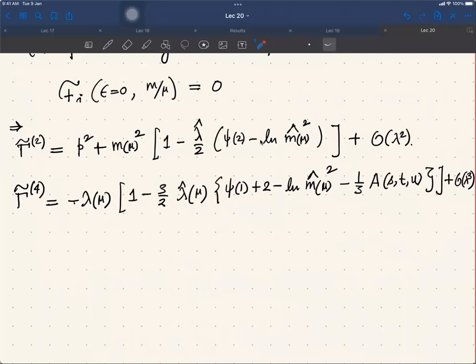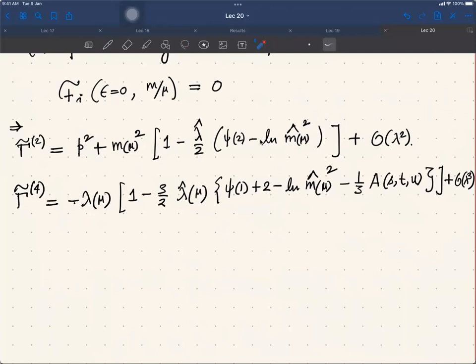The next one is that all these gamma tilde n's, the proper vertices, are finite. After choosing this prescription as usual, they do not have any ambiguities. They're given in terms of the renormalized couplings. But the counter terms have a special effect of this choice of renormalization prescription.